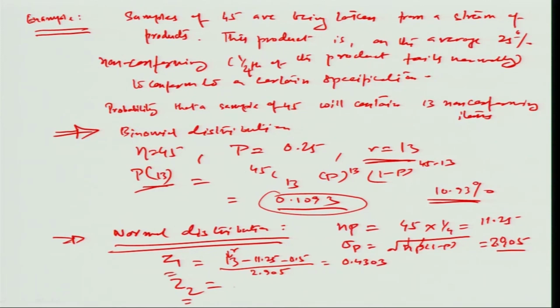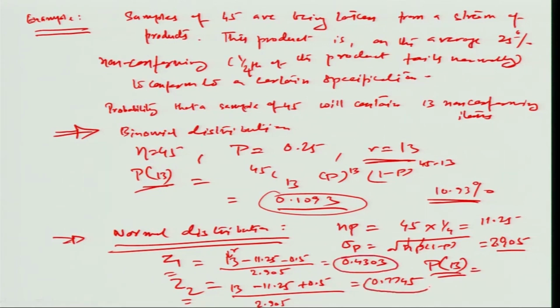Similarly, a Z2 variate here would be 13 minus 11.25 on the plus side of r, where we make a local continuity by putting r plus 0.5, divided by 2.905, which is actually 0.7745. So, the probability of having exactly 13 rejects in this case would be the area under the curve up to the point Z2.